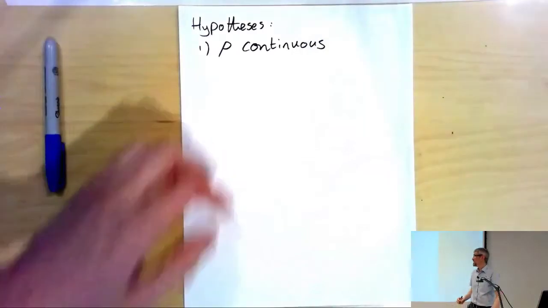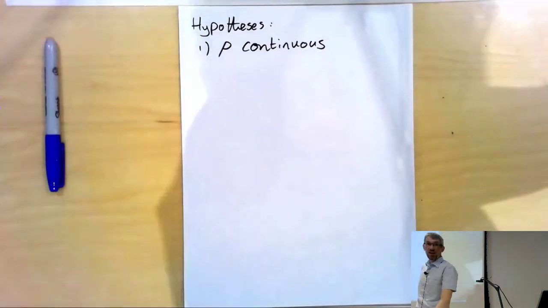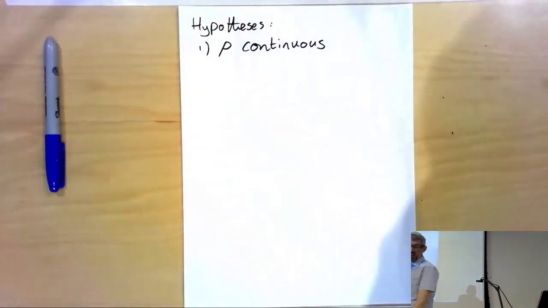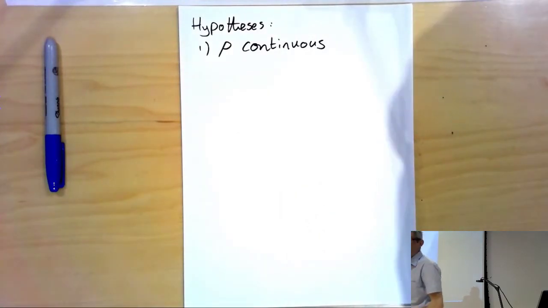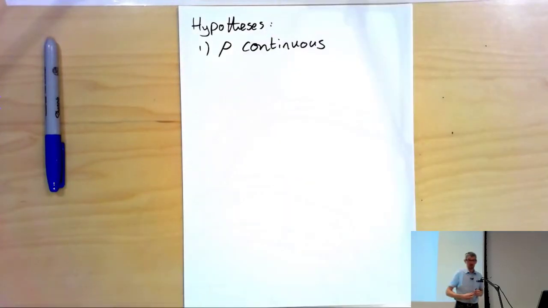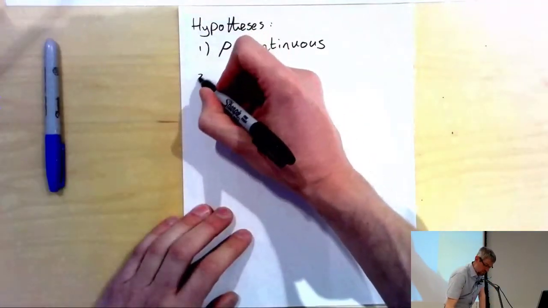So rho is going to be continuous with respect to the natural topologies on either side. So G_K is a profinite group, so it has a Krull topology, and this general linear group inherits a p-adic topology from the topology of E. So they're going to be continuous with respect to those natural topologies.